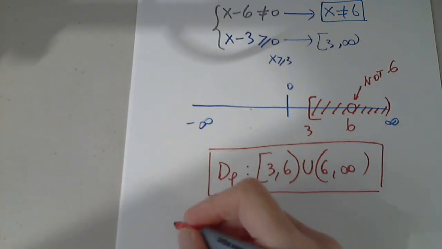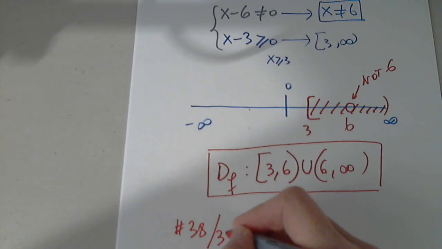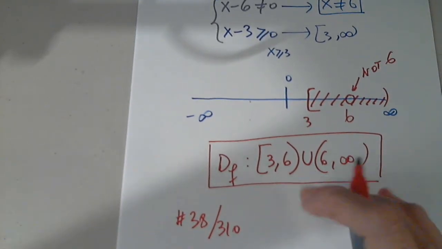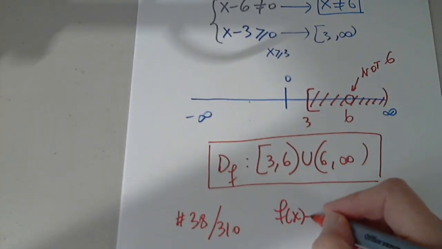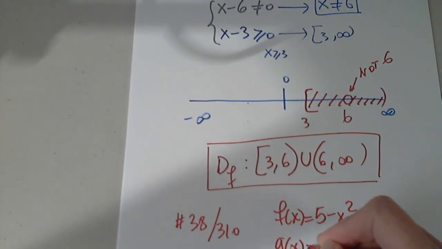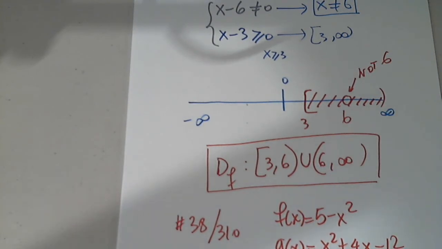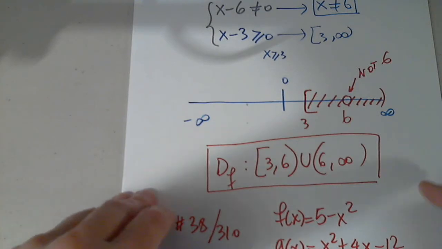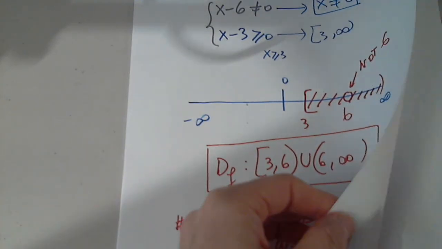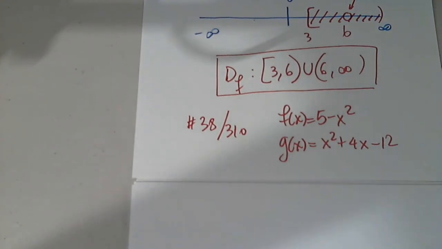Okay, so we're given, let's say, problem 38 on 310. F of x equals 5 minus x squared, and g of x equals x squared plus 4x minus 12. We're asked here to find all functions: sum, difference, product, and ratio.